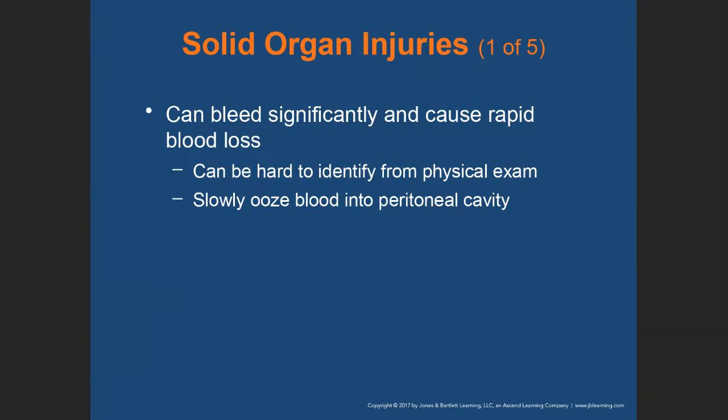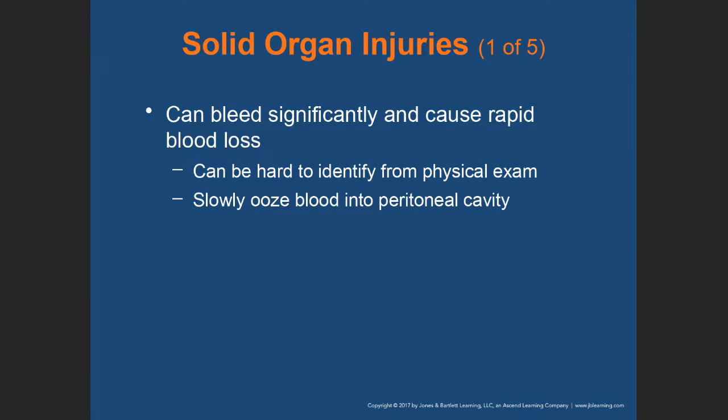Solid organ injuries can bleed significantly and cause rapid blood loss. Right? Can be hard to identify from physical exam. They slowly ooze blood into the peritoneal cavity.